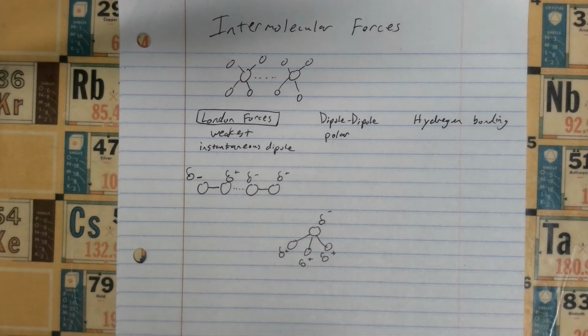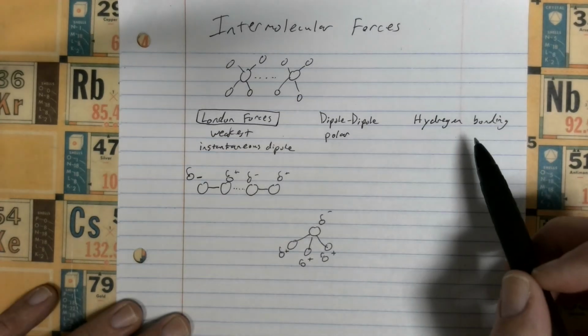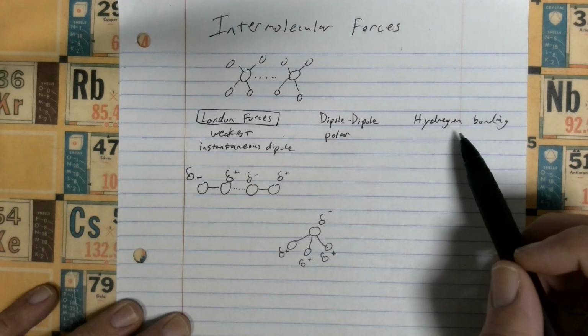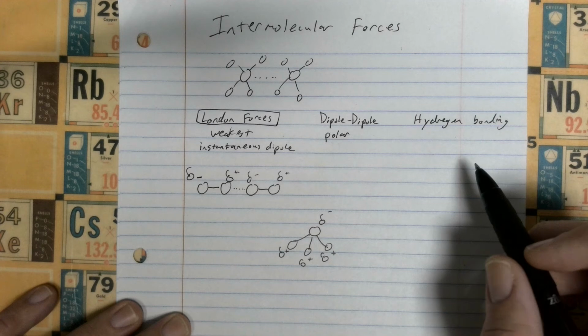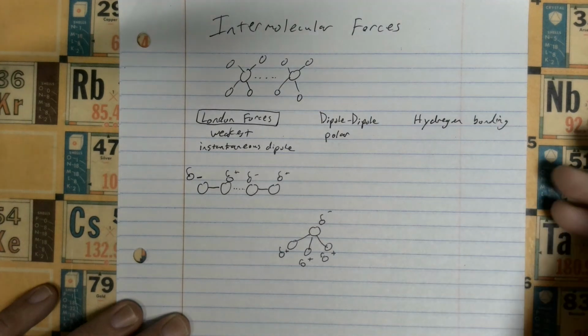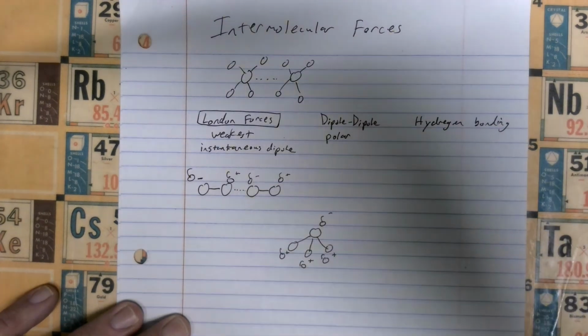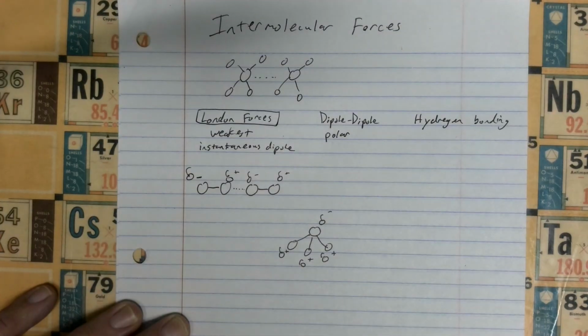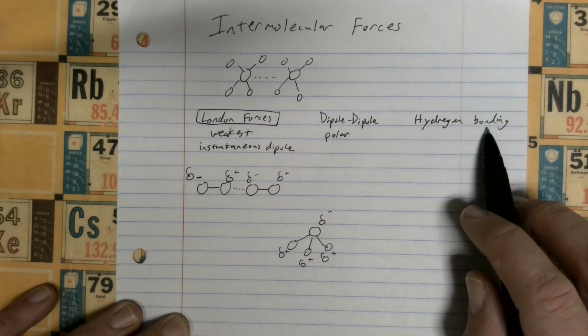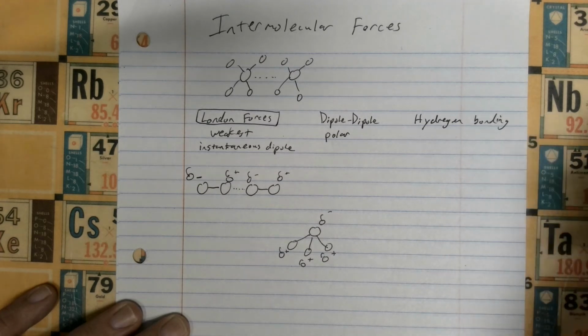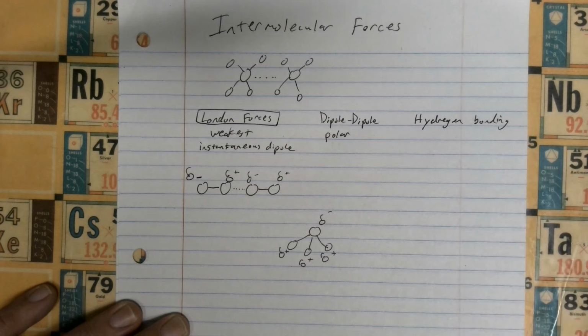Our final intermolecular force that we're going to talk about would be hydrogen bonding, and hydrogen bonding is the strongest type of intermolecular force. It's so strong that we give it a name that's called bonding. It's not a true bond, it's actually an intermolecular force, but it almost appears like a bond.